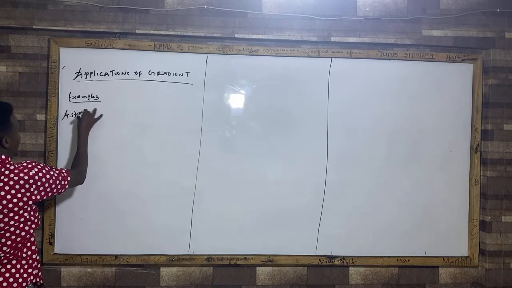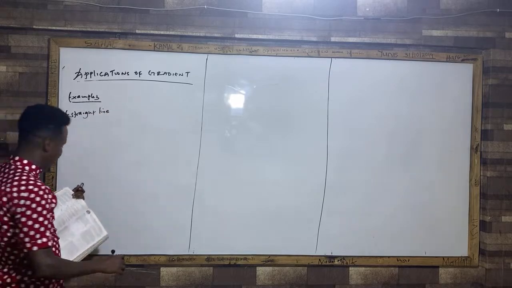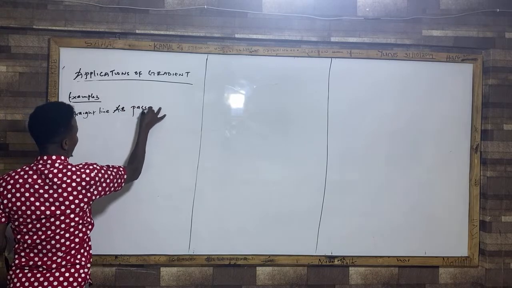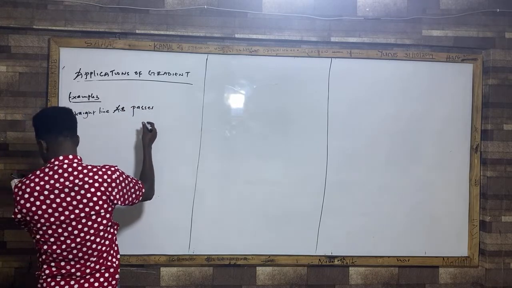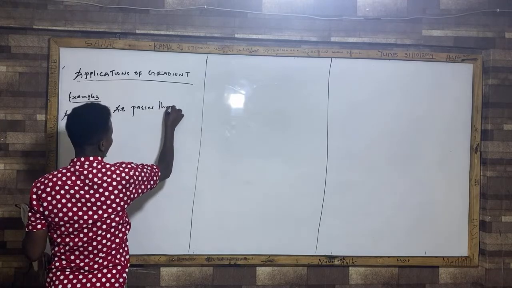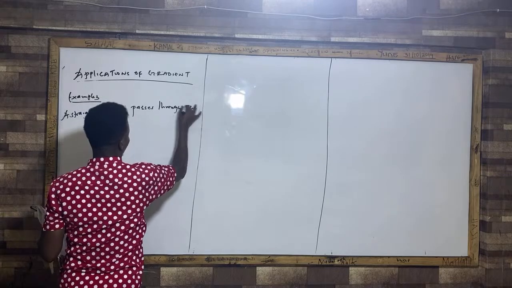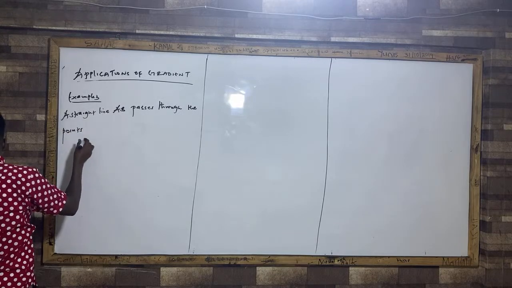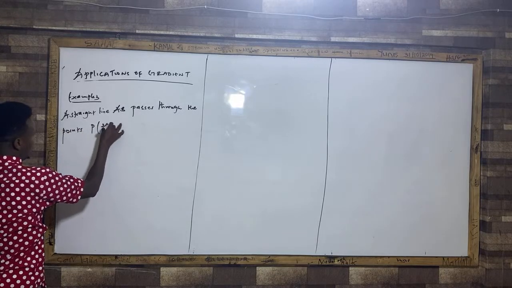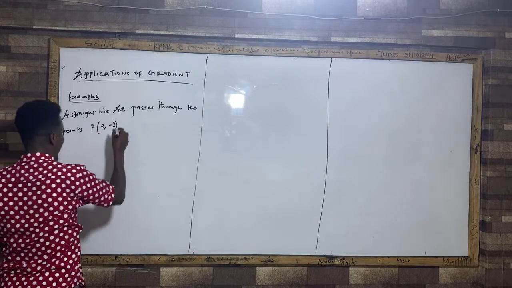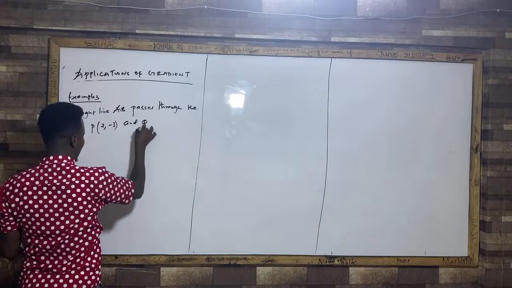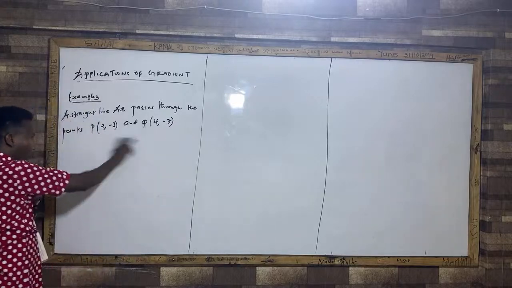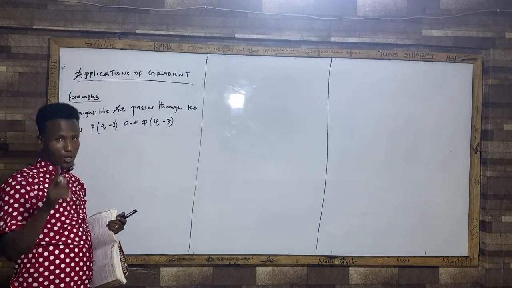A straight line AB passes through the points P (2, -3) and Q (4, -7). So the moment you have 2 points, know that you can get the gradient and the equation, okay?